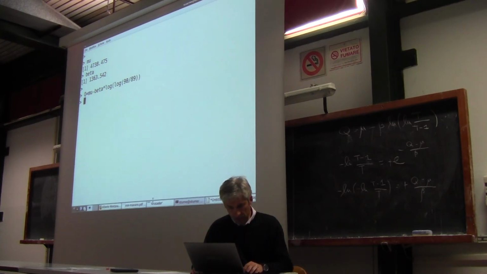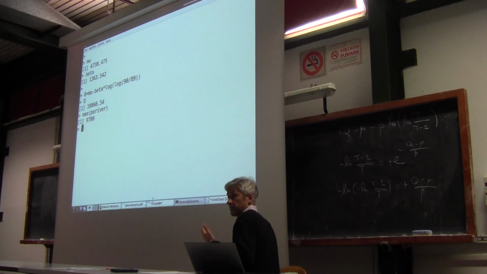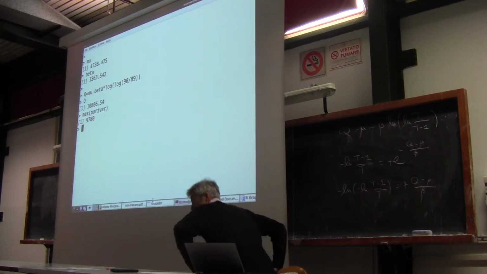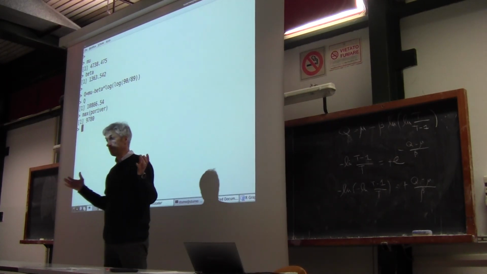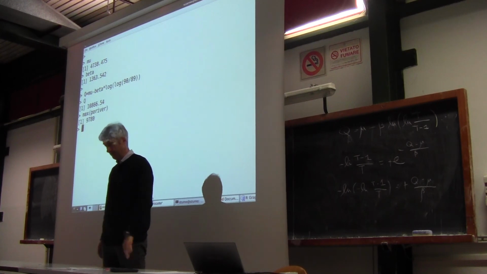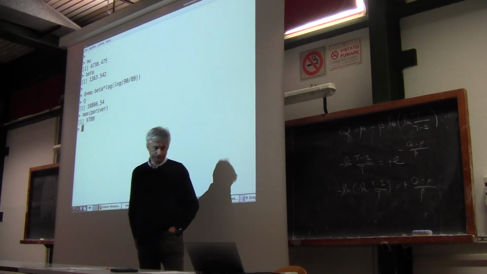So let's see what is Q here. It's 10,000, and the max of Fourier was, yeah, fine. There is a difference, of course. We are not expecting the same value, but it's reasonable. I mean, there shouldn't be very macroscopic errors. Okay, good.